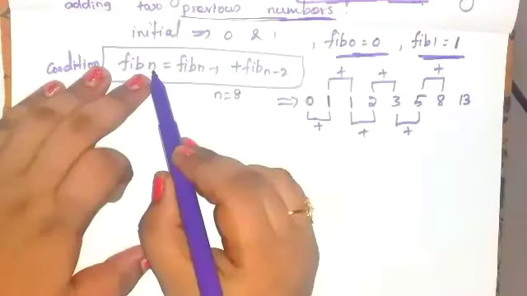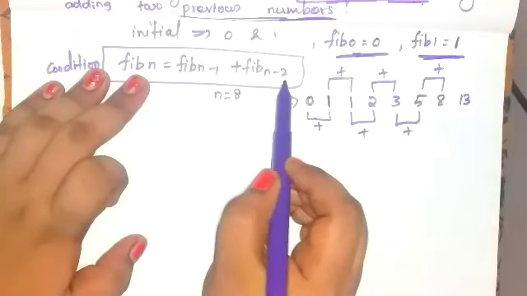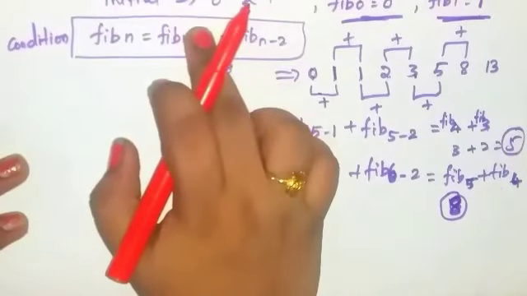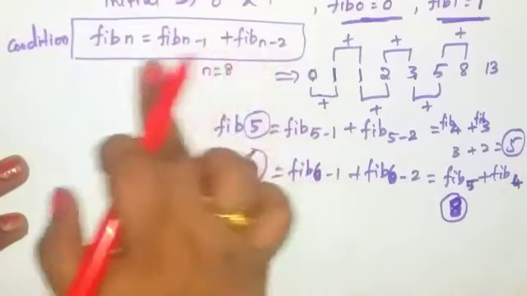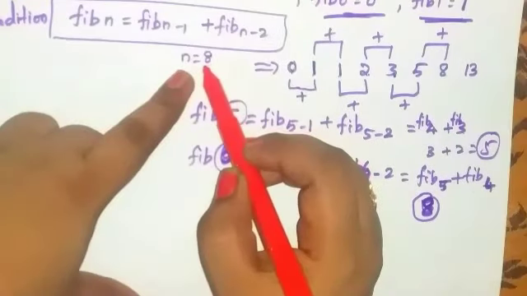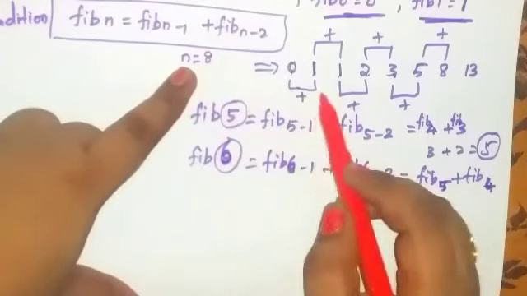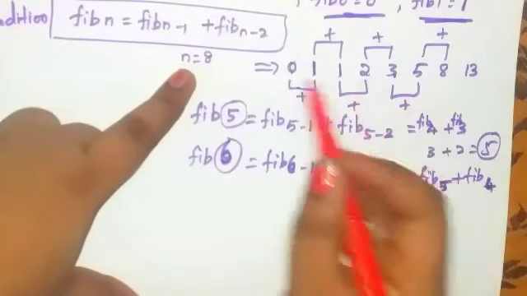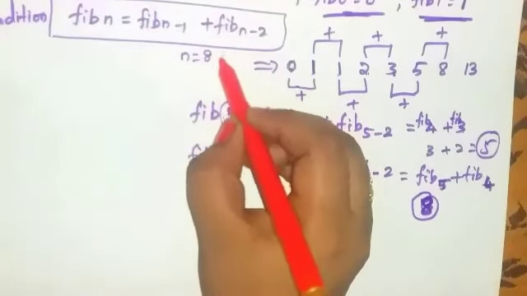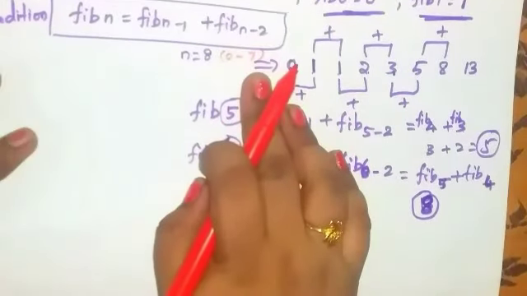See here, Fib n is equal to Fib n minus 1 plus Fib n minus 2. This Fibonacci series is generated by using this condition. So how will you check this condition? If you want to find the Fibonacci series for 8 digits, you will get the output like this. 8 digits means 0 to 7, the digit starts from 0.